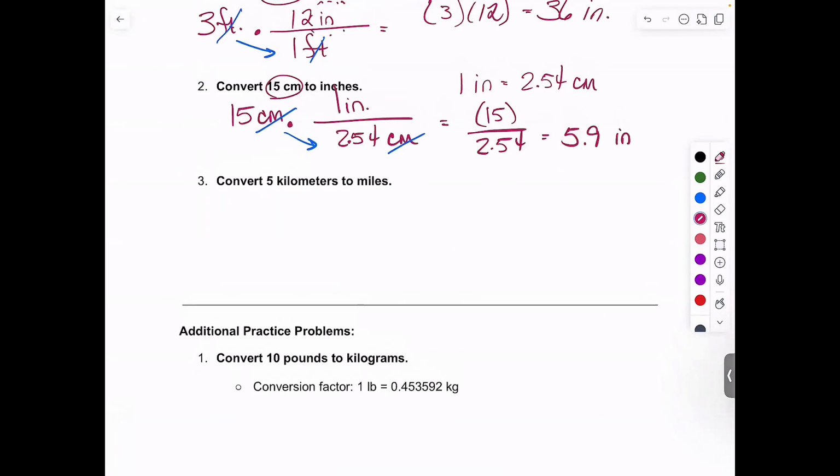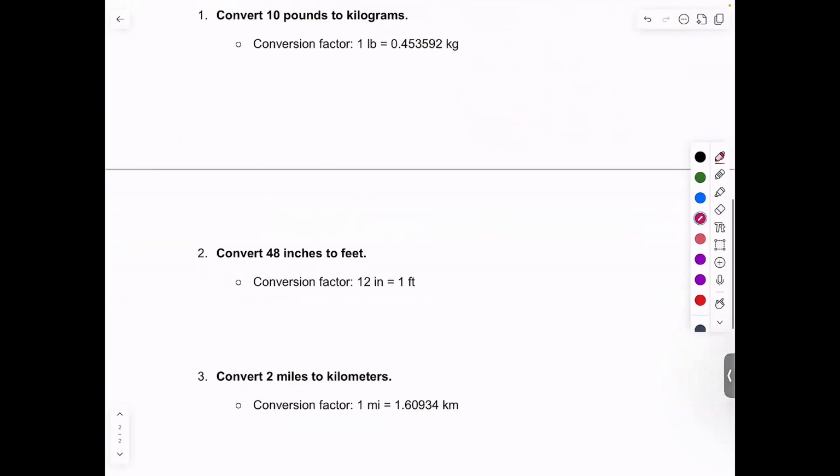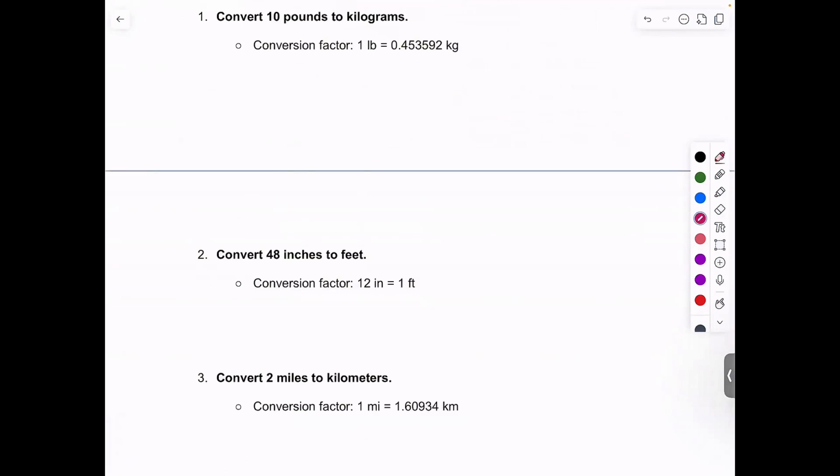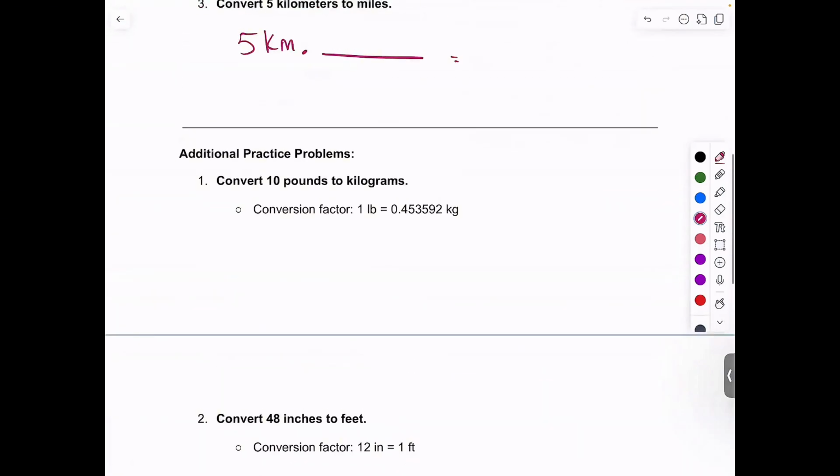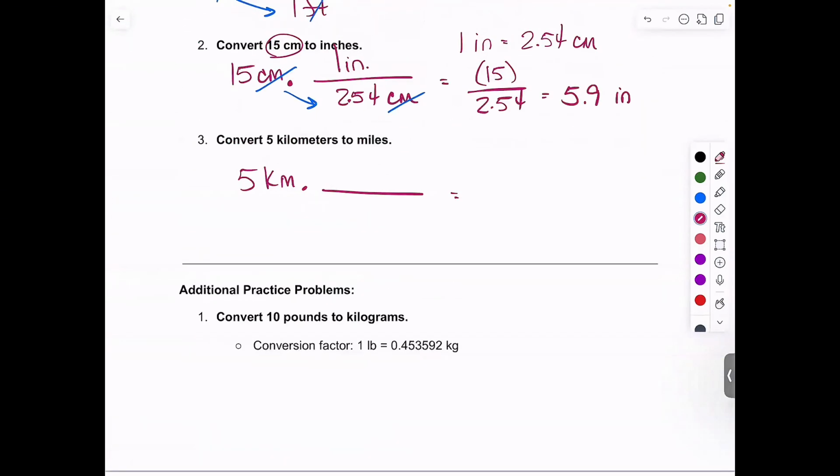Okay. So we have 5 kilometers. And I don't know the conversion factor. I have it down here though. 1 mile is 1.60934 kilometers, there's my km, we have 1 mile. Okay.